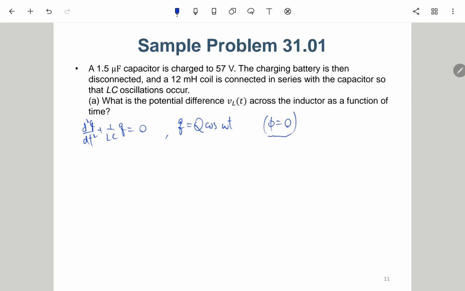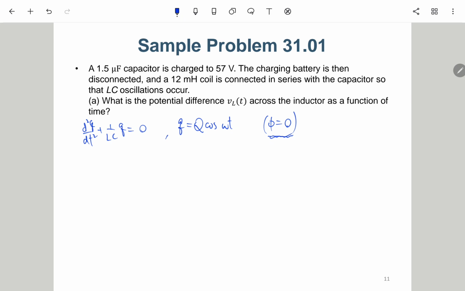If we don't care about the absolute time, then we can arbitrarily set phi to be any value. If we set it to 0, of course it will be the easiest case, because adding something else will be more complicated.